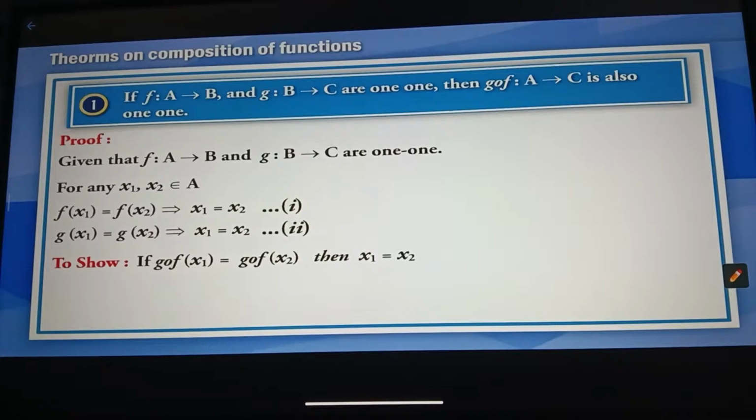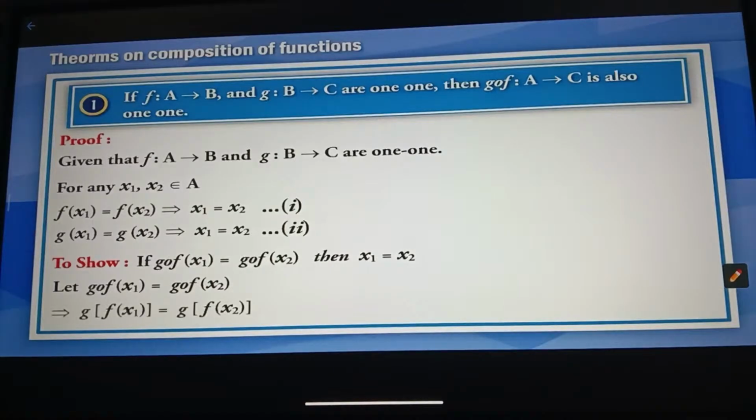Let us consider that the composition of f and g at points x1 and x2 are equal. By the definition of the composition of functions, g of f of x1 is equal to g of f of x2.